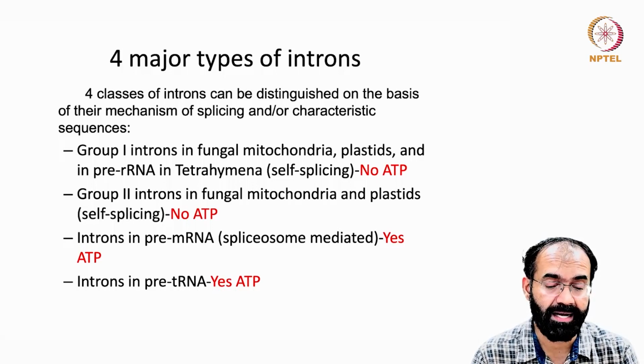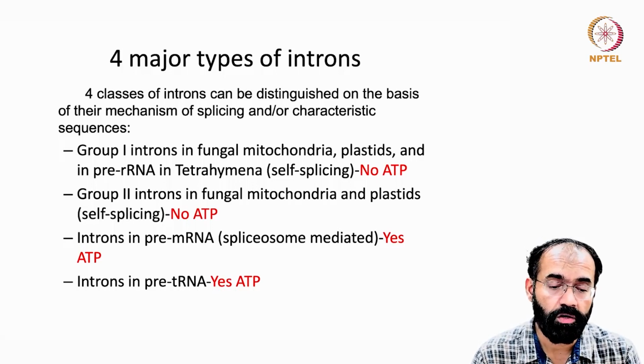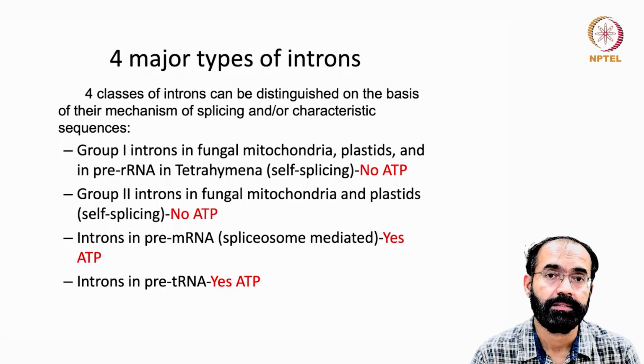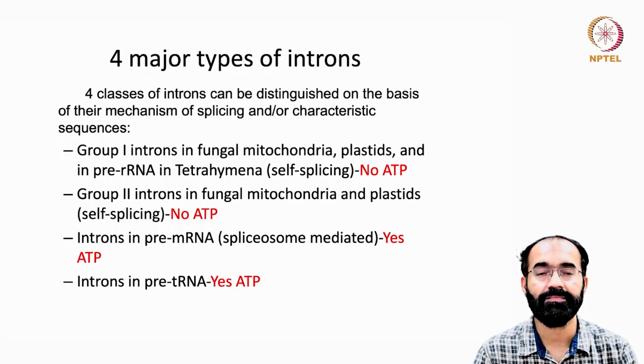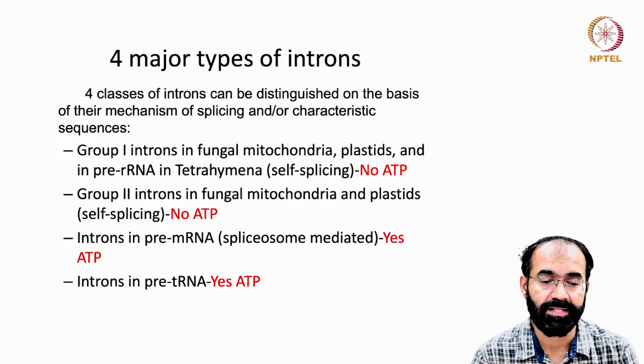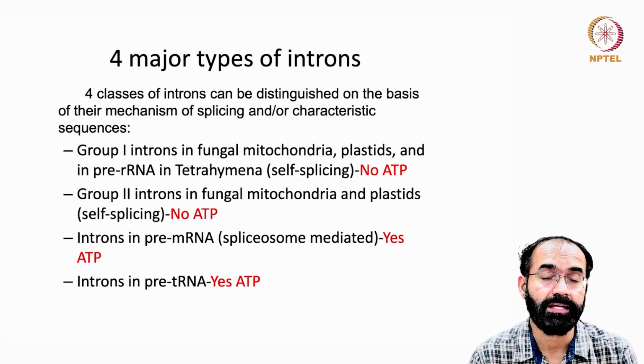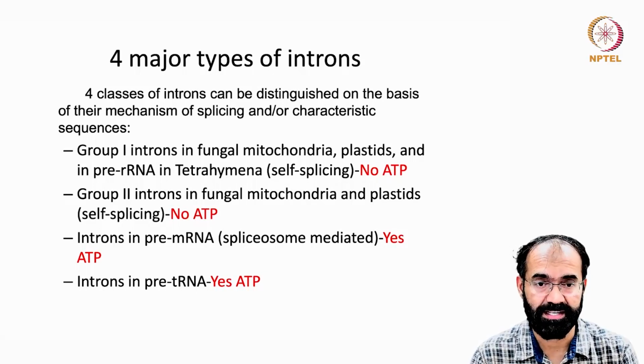They also demand ATP. So all these 4 classes can be easily identified or broadly classified by whether they require ATP or don't require it, and then we can split them by whether they require any assistance of the spliceosome, etc.